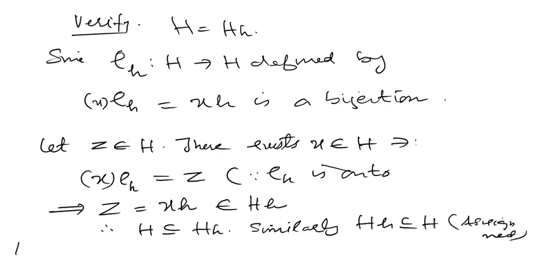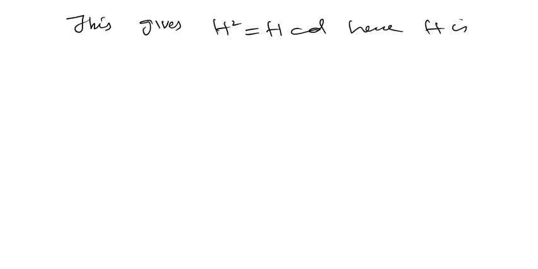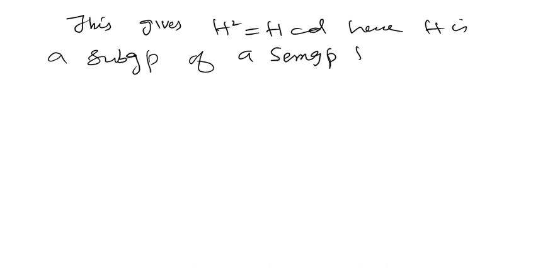Thus, hence H is equal to Hh for all h in H. This also gives H square is equal to H, and hence our H is a subgroup of a semigroup S. Okay, this proves this section.